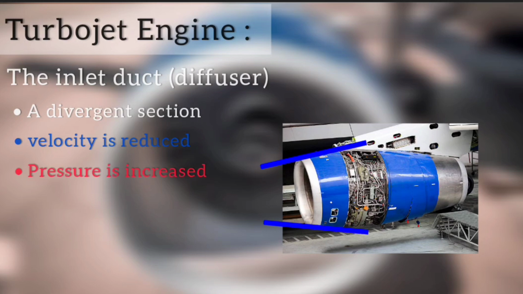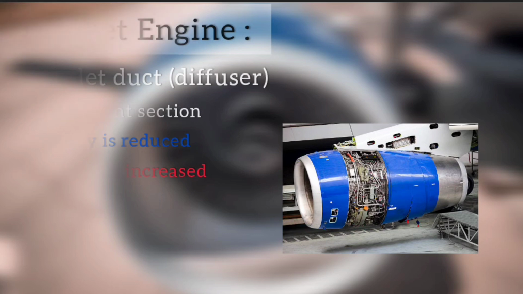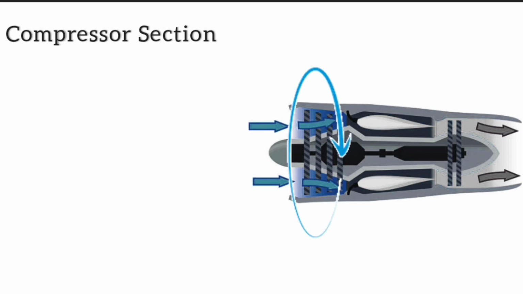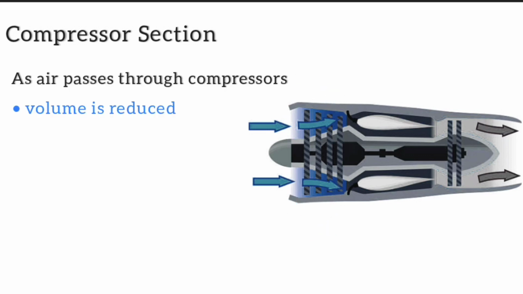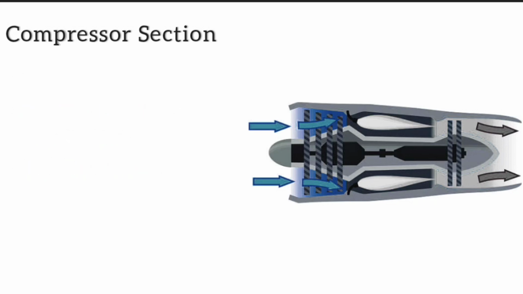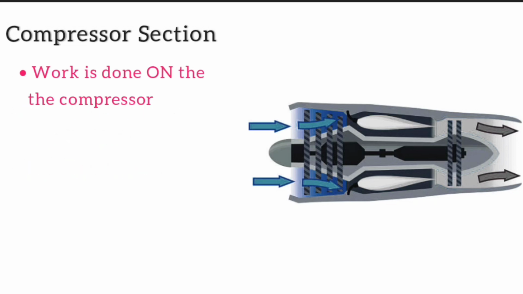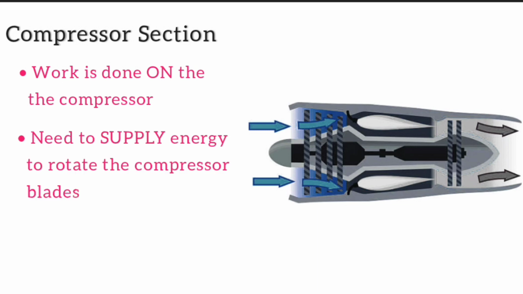It works on the principle of the diffuser as discussed before. This air is then sent through a series of compressor blades where the volume is reduced. Due to the compression of air, it attains high pressure, which results in high temperature. Here, work is done on the compressor, which means we need to provide energy to the compressor to do the work.